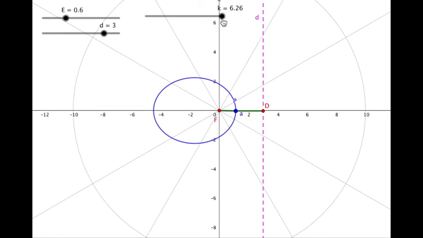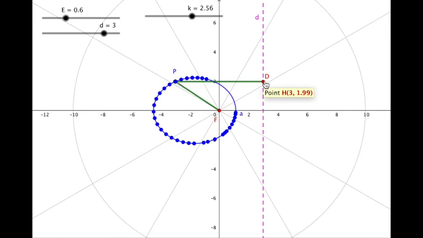And you'll notice when we were here at 2.56, that PF, the distance between the point on the graph and the focus, is smaller than PD. So when you do the PF over PD, since it's a small number over a big number, you're going to get a number between 0 and 1, and that's why E is 0.6.